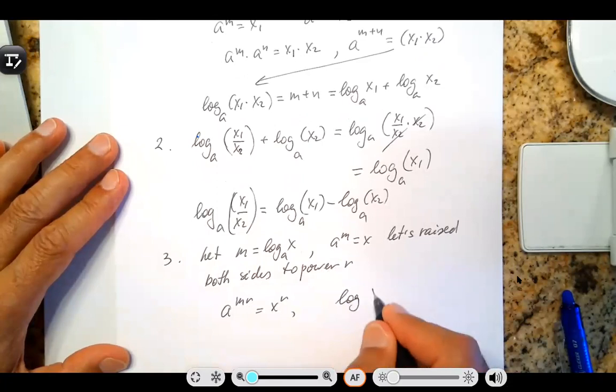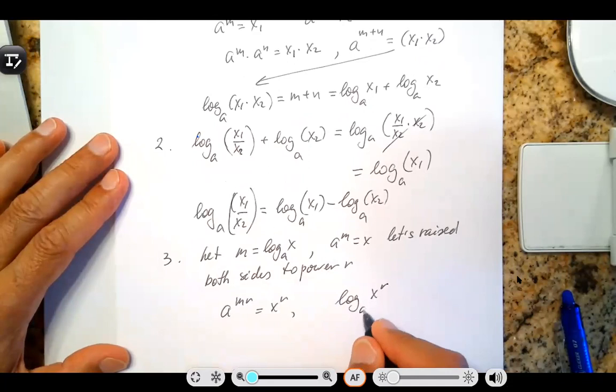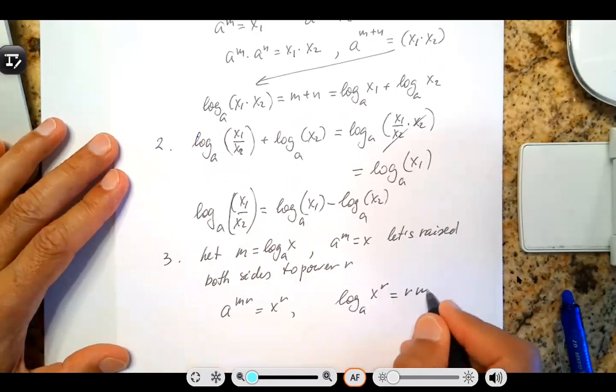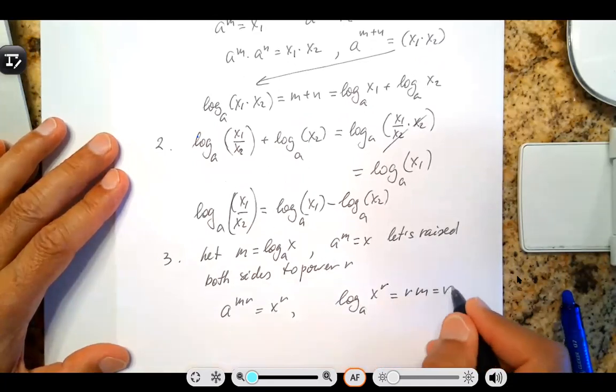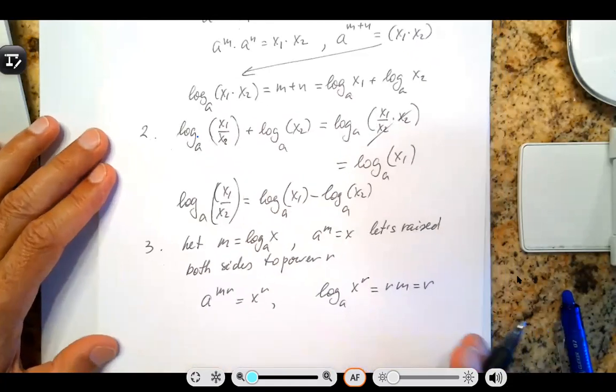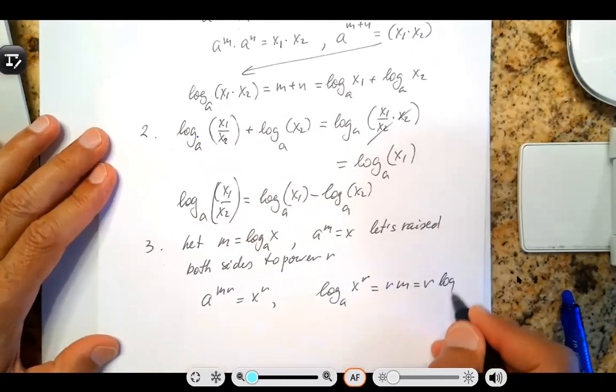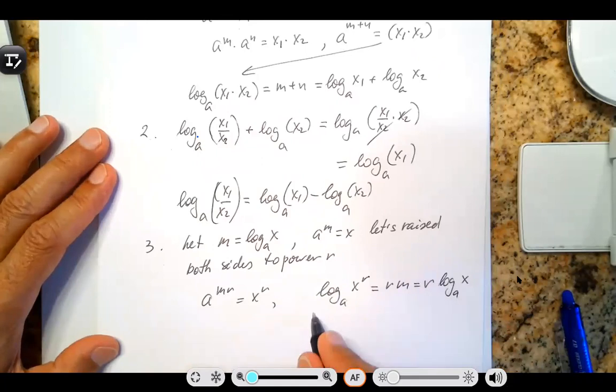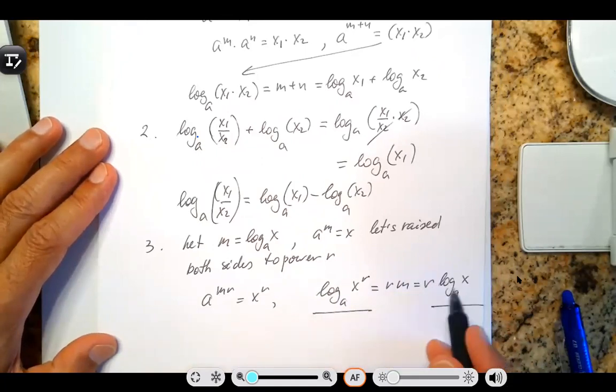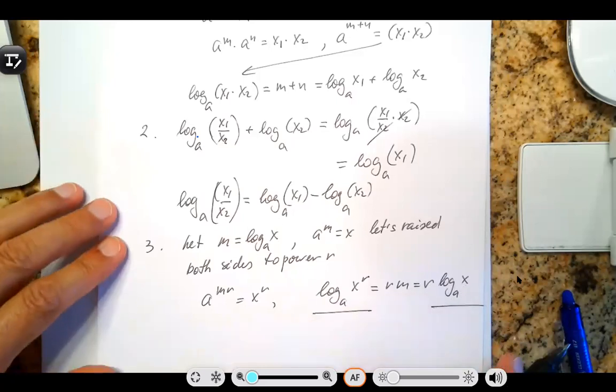Logarithm x to the power of r base a equals r times m. So what does m stand for? Logarithm x base a. We just proved that. Logarithm x to the power of r base a equals r times logarithm x base a.